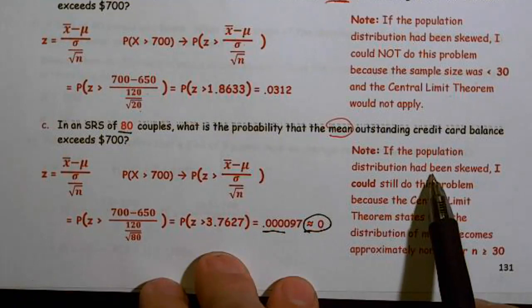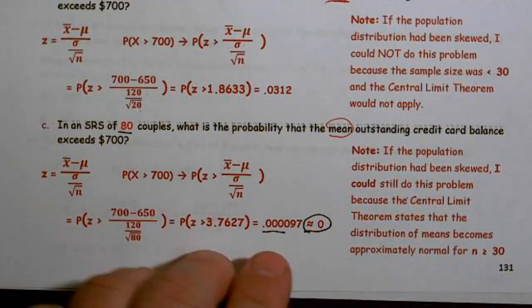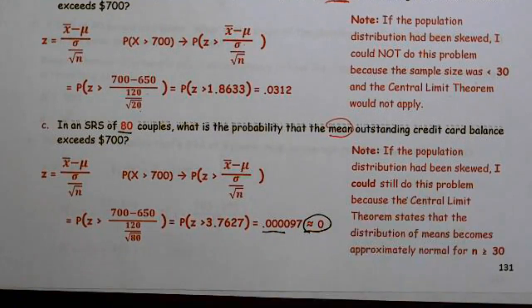If the population had been skewed, I still could have done this problem because the central limit theorem applied. In this case, we were working with an underlying normal distribution, so we could definitely do the distribution of means regardless of the sample size.